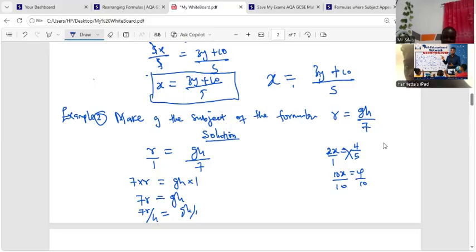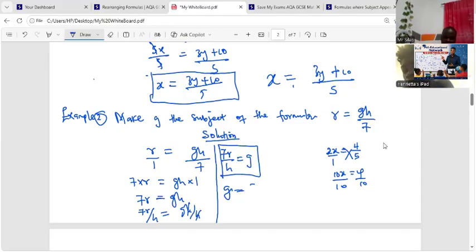You have gh divided by h. Why are you doing this? So that these two will cancel out. Then you now have 7r over h equal to g. You are done. So we have made g the subject. This means that g is equal to 7r over h.